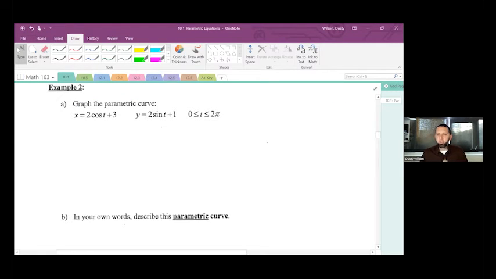So I'd like to use this next example to introduce the graphing calculator. So in example 2, I'd like to graph the parametric curve x equals 2 cosine t plus 3 and y equals 2 sine t plus 1. And this is on 0 less than or equal to t less than or equal to 2 pi.